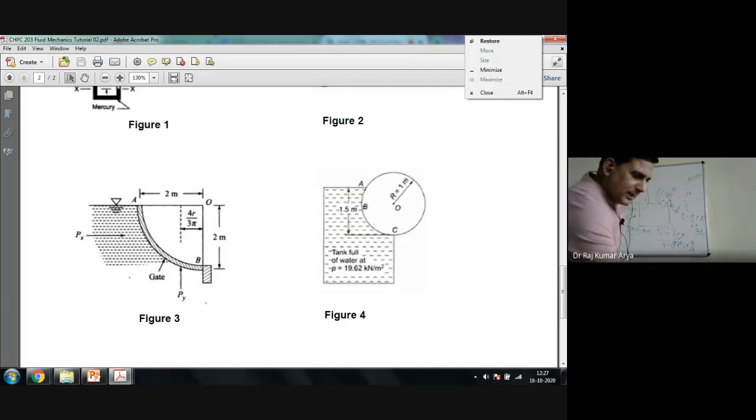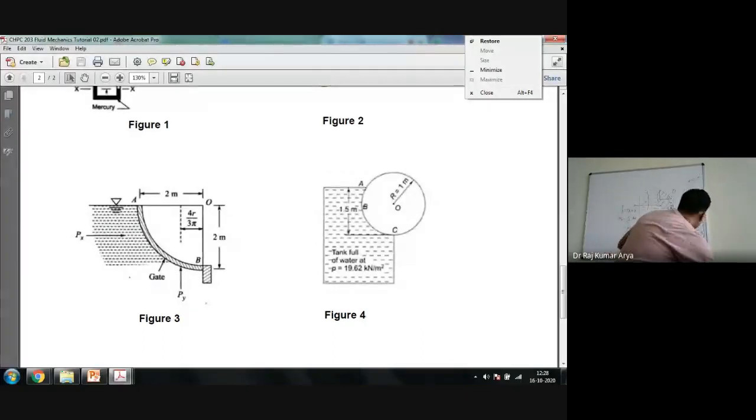This total length is given to you as 1.5. So this is your 1, and this much is your 0.5 actually. Let me clean it actually.